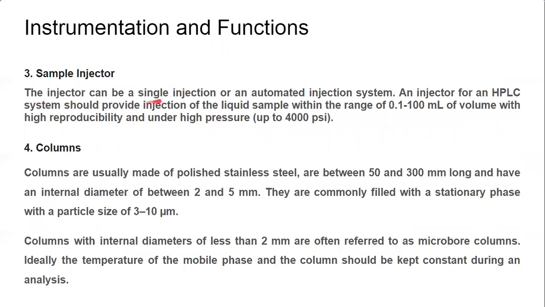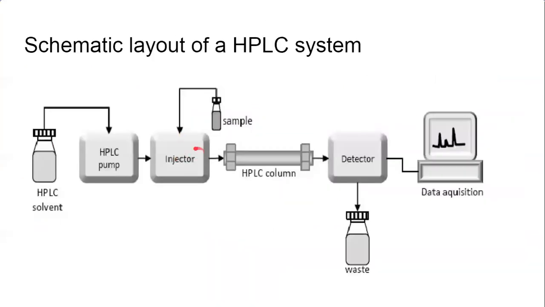The sample injector can be a single injection or an automated injection system. An injector for an HPLC system should provide injection of the liquid sample within a certain range. That means our injector injects the sample, which will be in liquid phase.